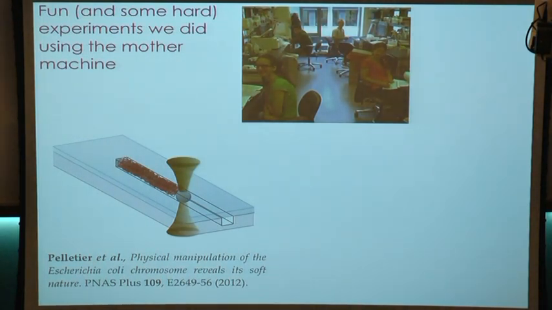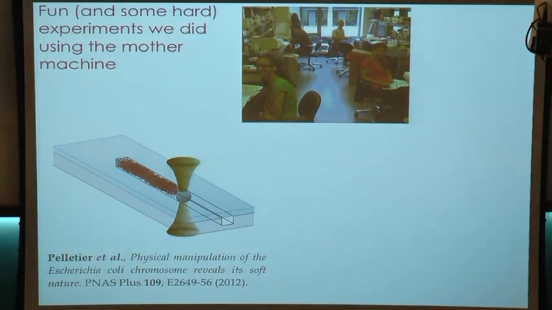A few years ago, when I entered biology as a physicist, I still had this single molecule biophysics view, which really dominated the biophysics around that time. So I wanted to build something to study biology like a biophysicist.